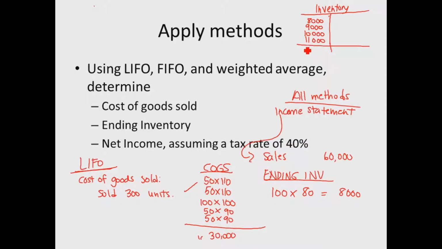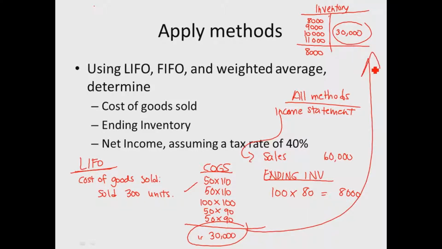And now I'm telling you, I have 8,000 left. What must my cost of goods sold be in order for me to get from 38 to 8? So these are the same. This is how it works.